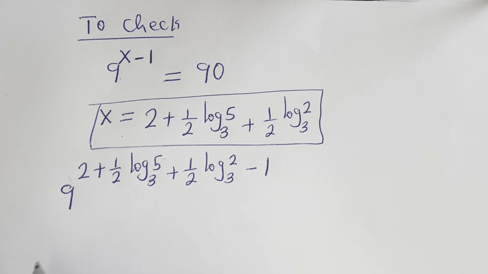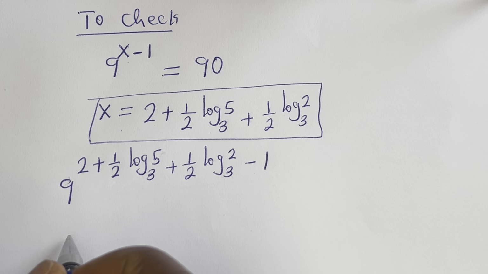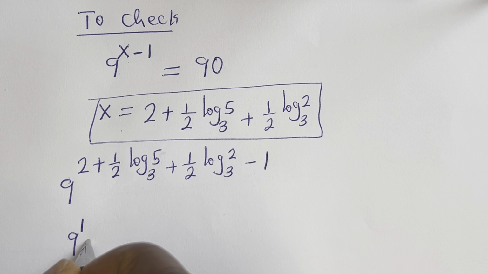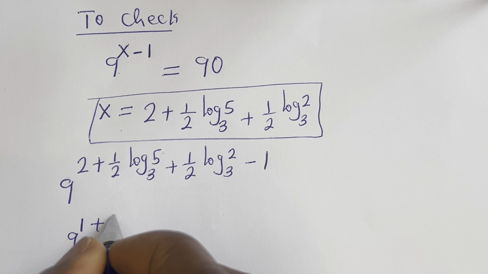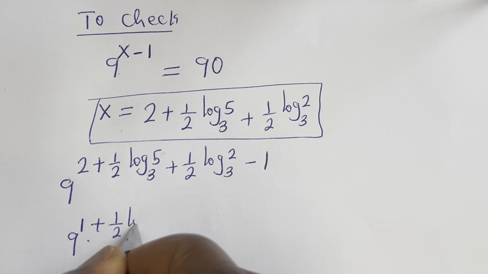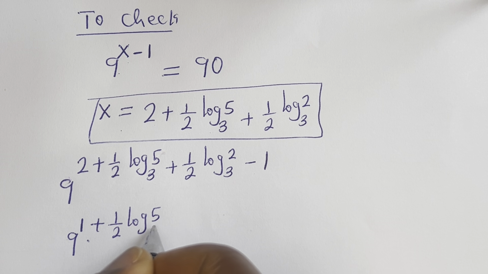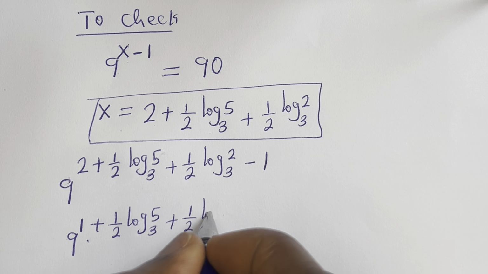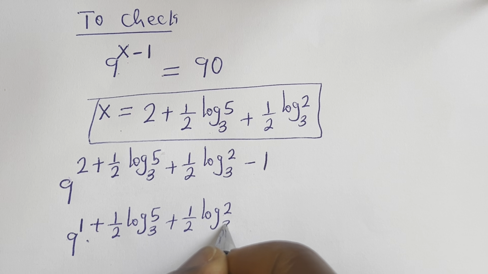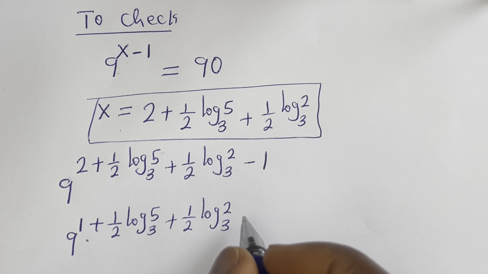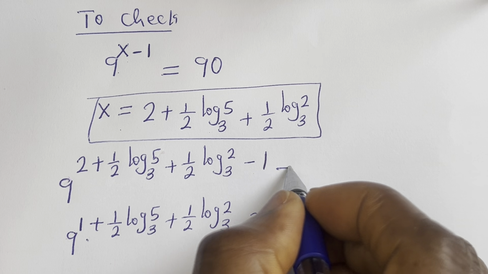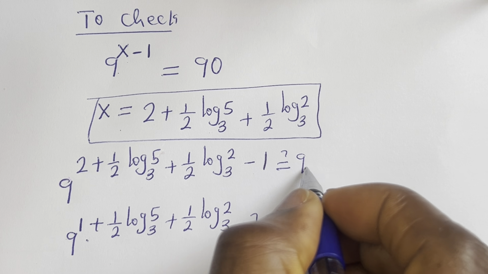So 2 minus 1, that is 1. We have 9 to the power of 1 plus 1 over 2 log 5 base 3 plus 1 over 2 log 2 base 3. Then must be equal to 90.